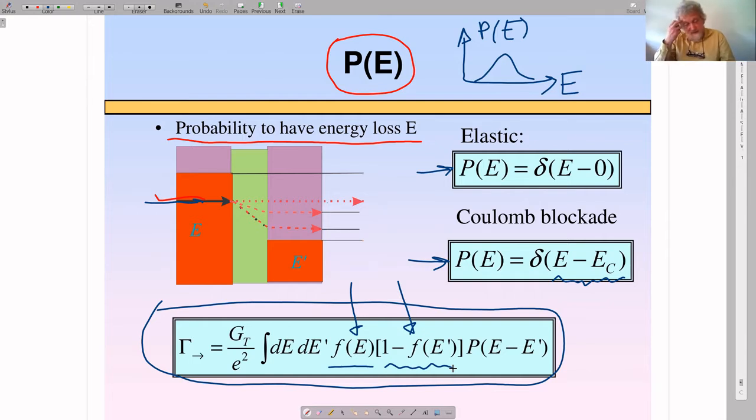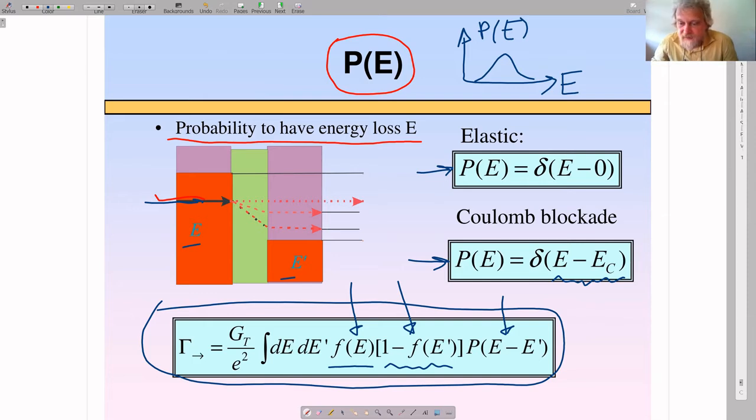And the difference between these two energies, E and E prime, is just the energy loss. So probability comes in handy here.